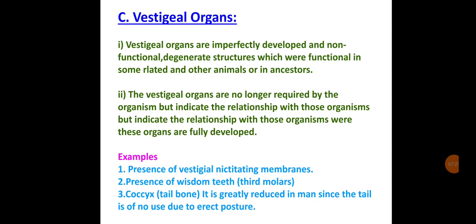Vestigial organs are imperfectly developed and non-functional degenerate structures which were functional in some related ancestors in animals and plants. Vestigial organs are no longer required but still they are present. That is the wisdom teeth, nictitating membrane, coccyx tailbone. These are the examples.